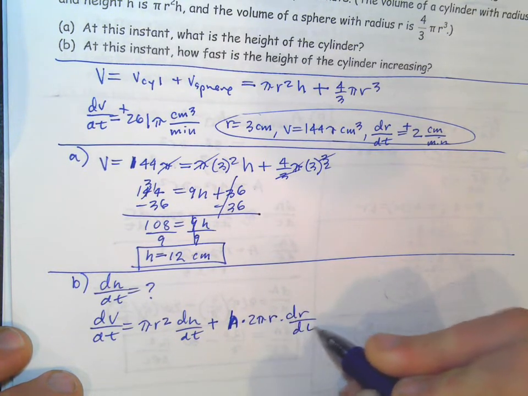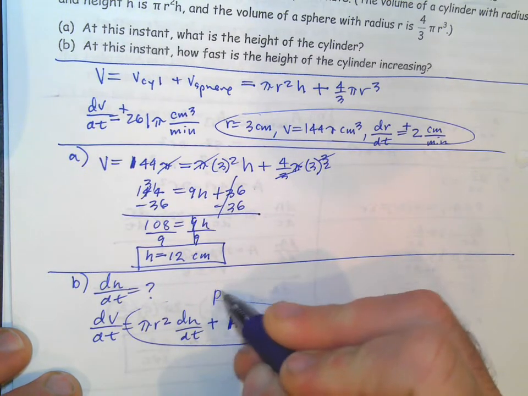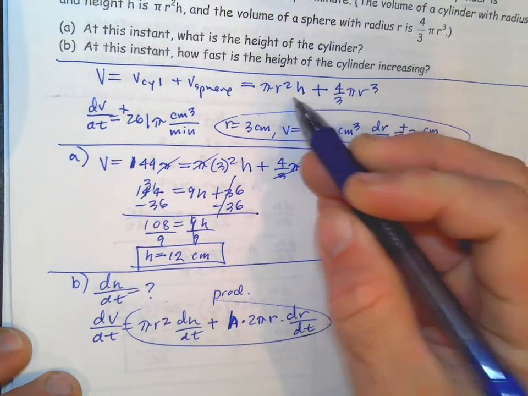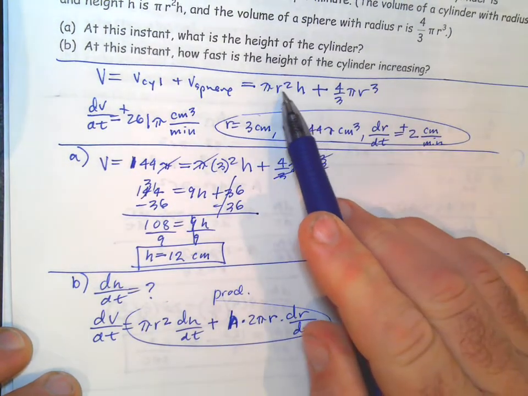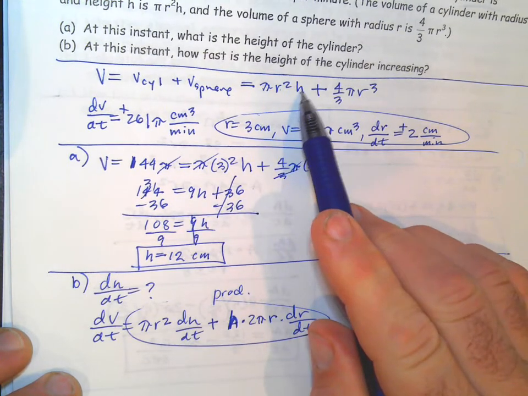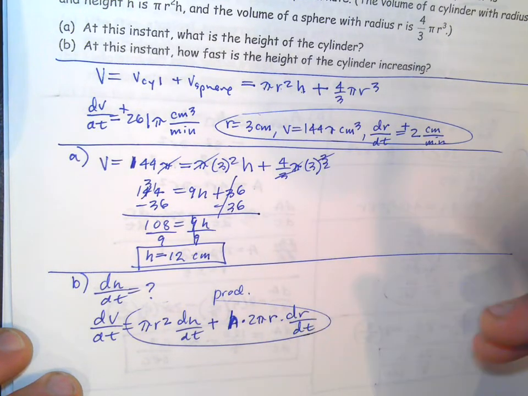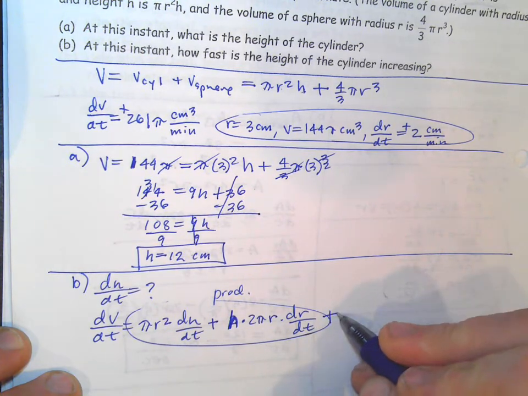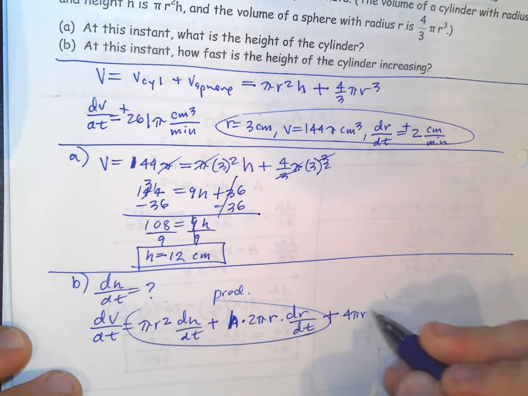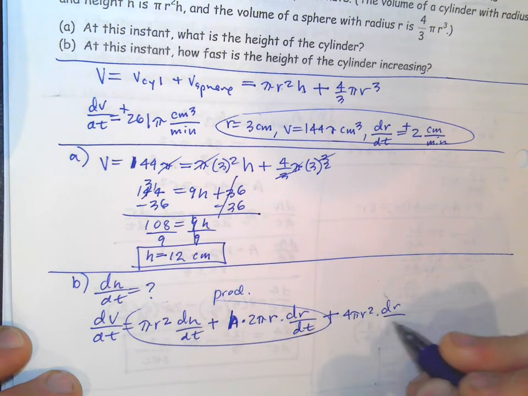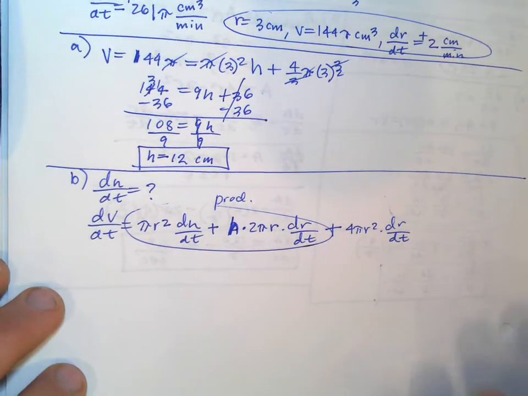So that's all that product rule right there, the first term. You do pi r squared times the derivative of that, and that times the derivative of this, plus 4 pi r squared dr/dt. So that's your implicit derivative with respect to time.